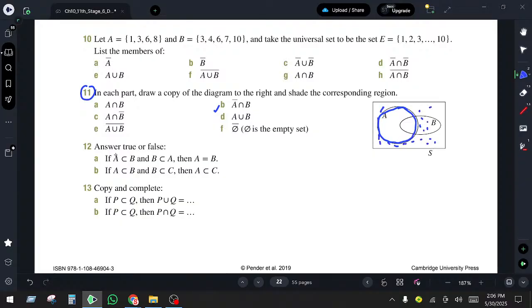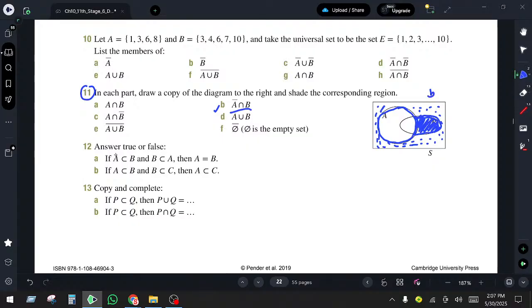And what is the next answer? Next set. A complement intersection B. So in the rest portion, where is B? Whatever is common means intersection.